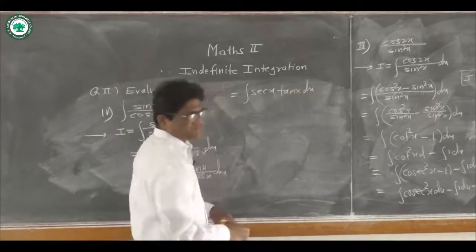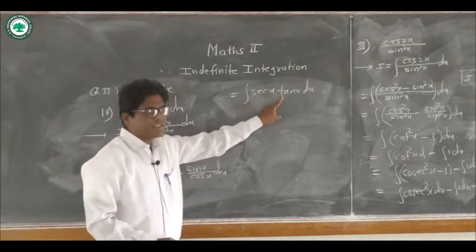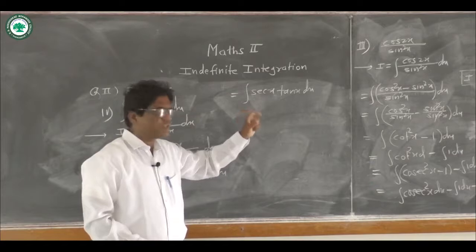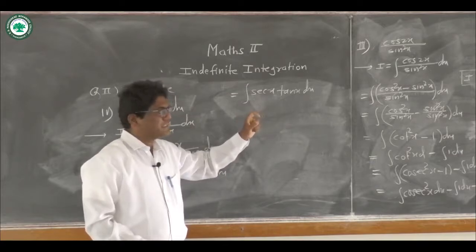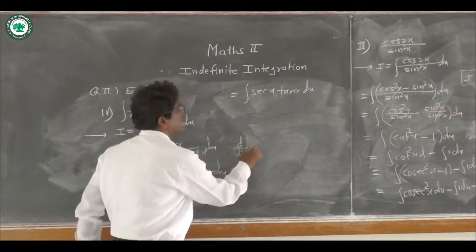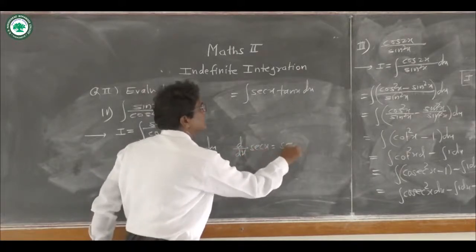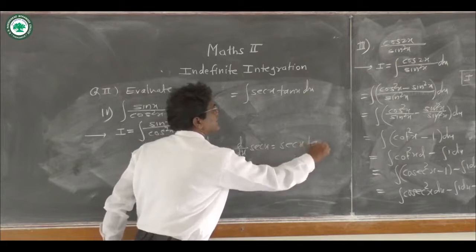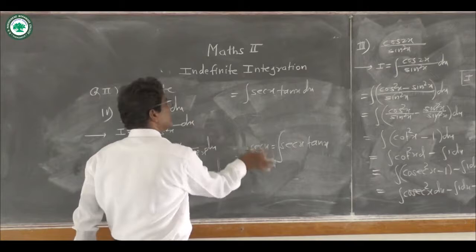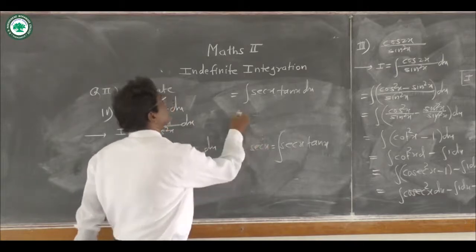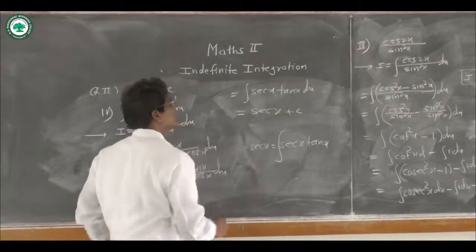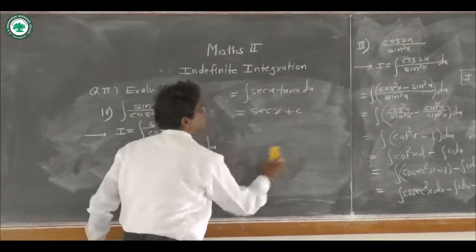And we know that this sec x tan x is the derivative of some function. Which is that function? Which trigonometric function? That is sec x. We know that d by dx of sec x is equal to sec x tan x. So integration of sec x tan x is equal to sec x. So its solution is sec x plus constant of integration c.